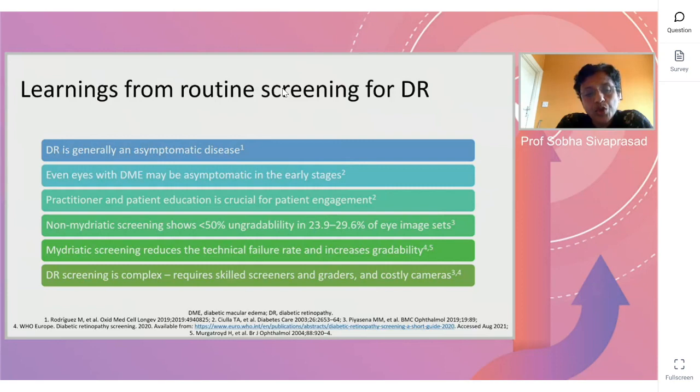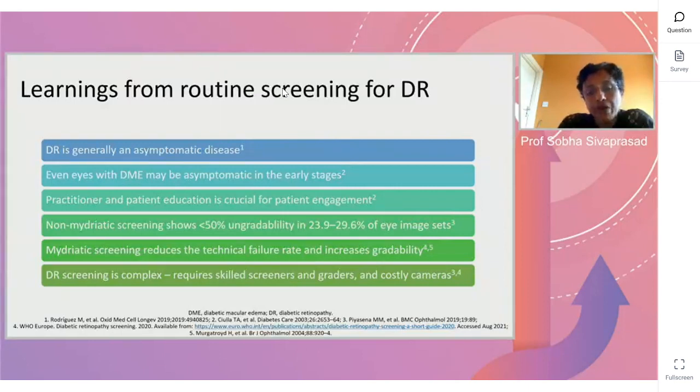And Anat just showed us how wide field screening should be the way forward. This again gives us more complexity, but actually more accuracy in identifying these patients. All these suggest that diabetic retinopathy screening as it's run today is very complex. It needs expensive cameras. It needs expertise from humans to deliver it.